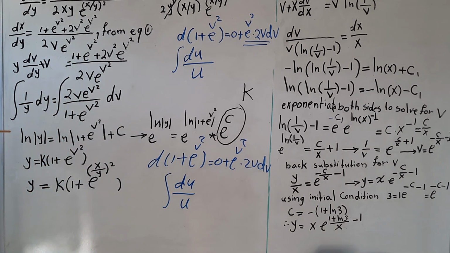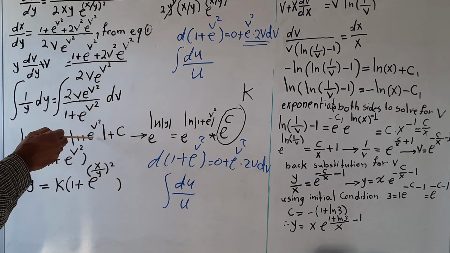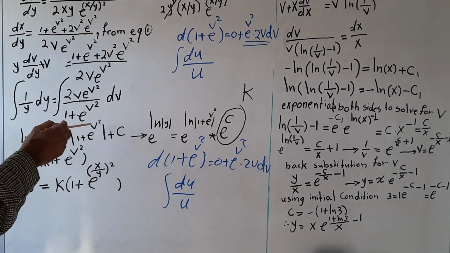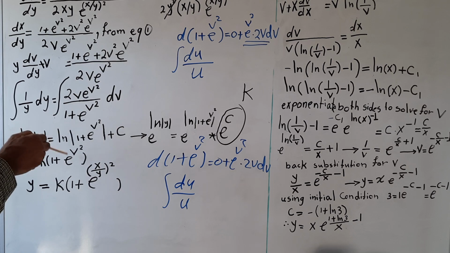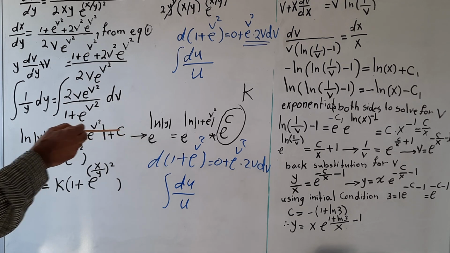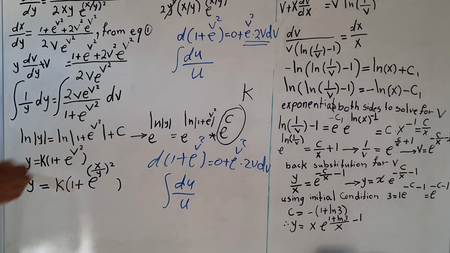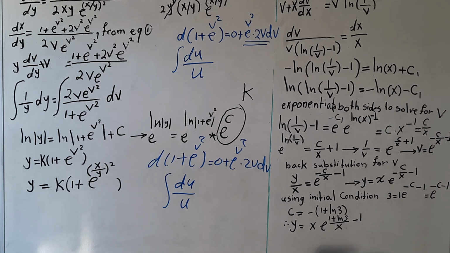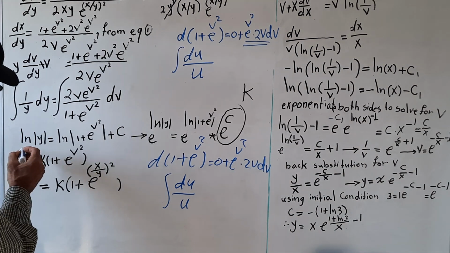So we will get ln y equal ln of the absolute value of 1 plus e^(v squared) plus c, the constant of integration. And here we raise both sides to e.